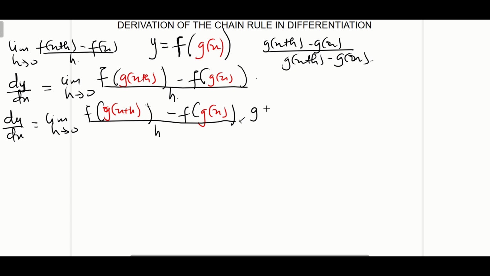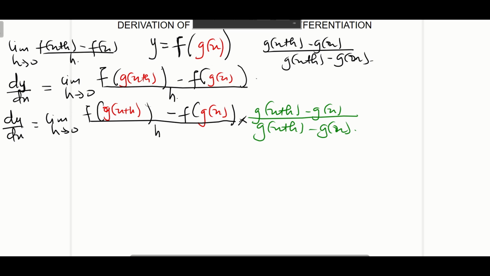So this is going to give me g of x plus h minus g of x all over g of x plus h minus g of x.